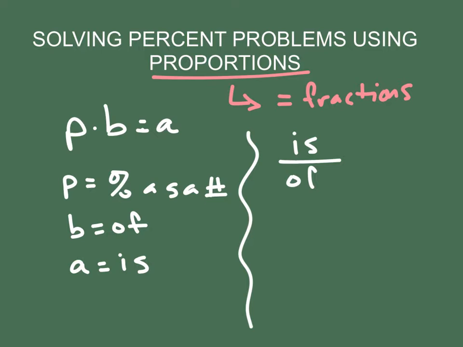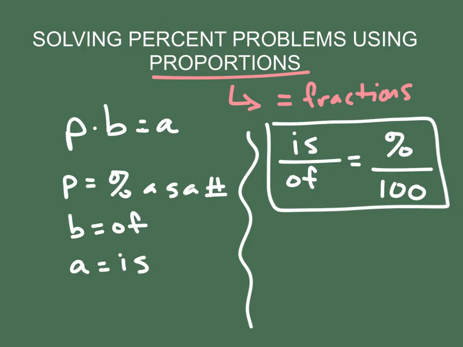So is over of is equivalent to your percent over 100. Whatever you don't have, we can use the proportion to solve. This is your formula, and that's what we're going to use for the next couple of problems in this video.